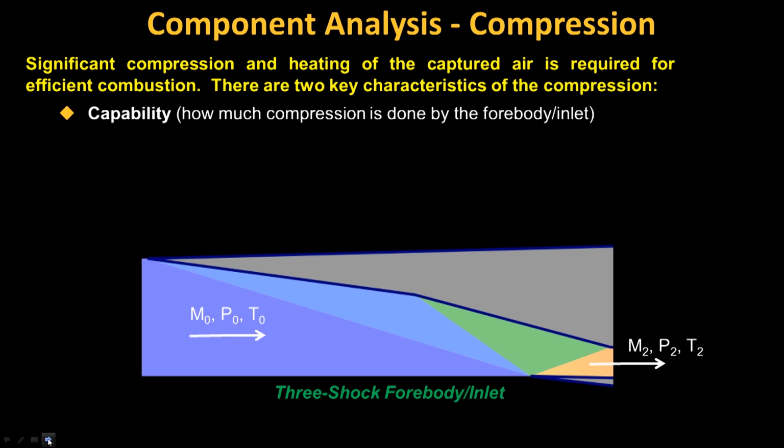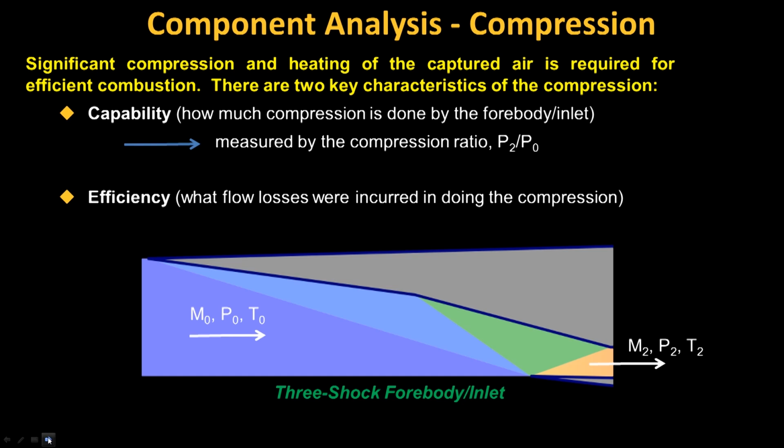First, the capability, by which we mean how much compression is done by, in this case, the forebody and inlet. The amount of compression is characterized by the compression ratio between station 0 and 2. The second characteristic is the compression efficiency. This is measured by the stagnation pressure ratio between stations 0 and 2.